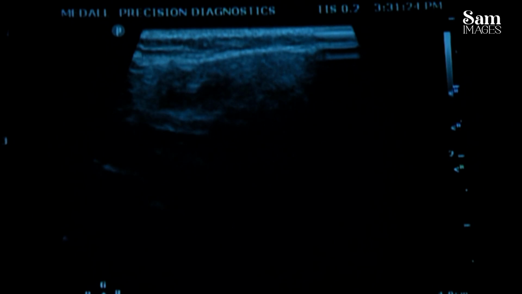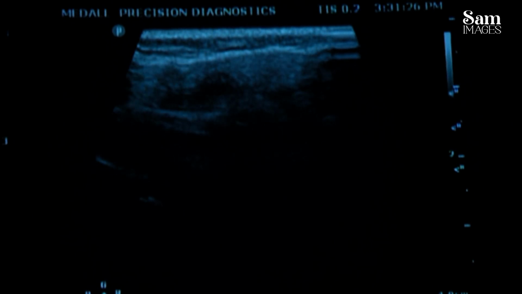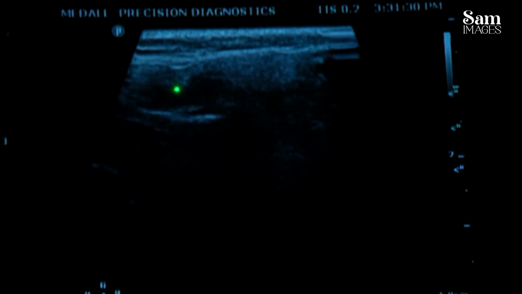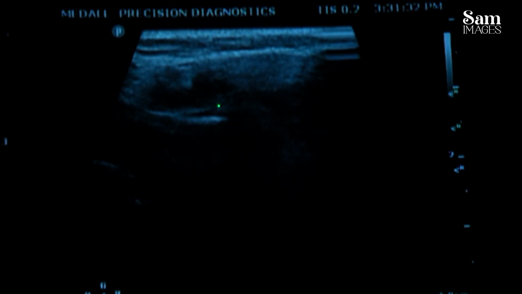Then I'll just go up to the upper deep cervical. See, that is the upper deep cervical lymph node. Here, that one is there. Hilum is in the center, so it is most likely to be a benign lesion.